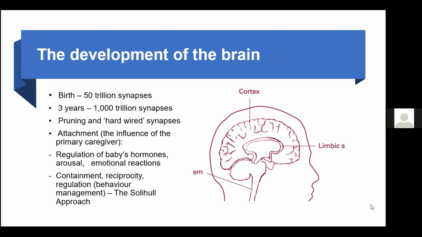And if we've got the appropriate cycles and support in place, then those synapses will be becoming more established, and they will be forming those patterns within our brain. And it's the attachment process that has a huge impact on that, through that bond that we develop with our caregiver and the interaction.